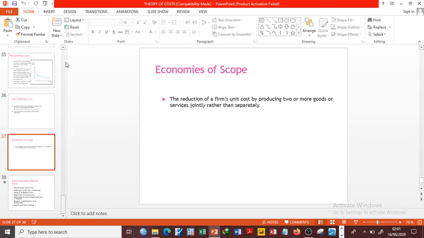I could give an example to help us understand. For example, if it was a dairy farm that sells milk, it could also choose to not only sell raw milk but begin to produce other milk products like yogurt, like ice cream, like ghee, like butter, right?